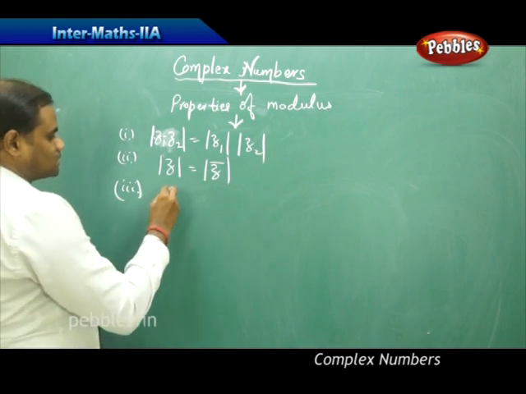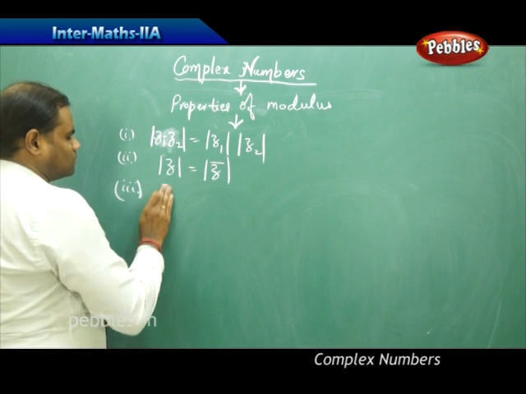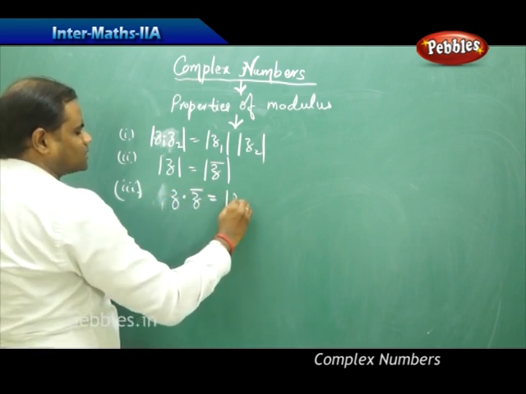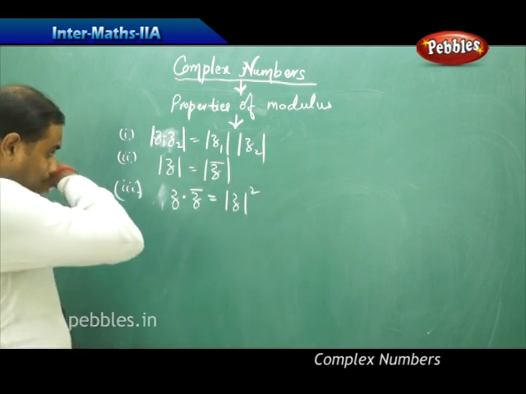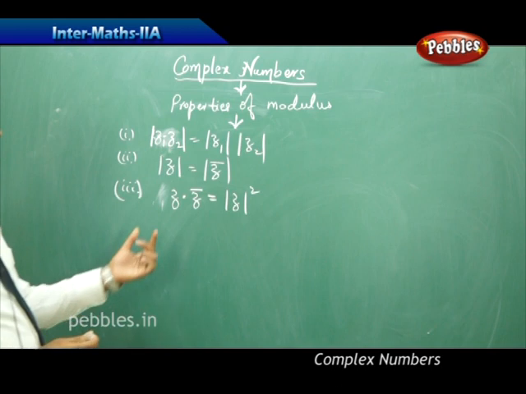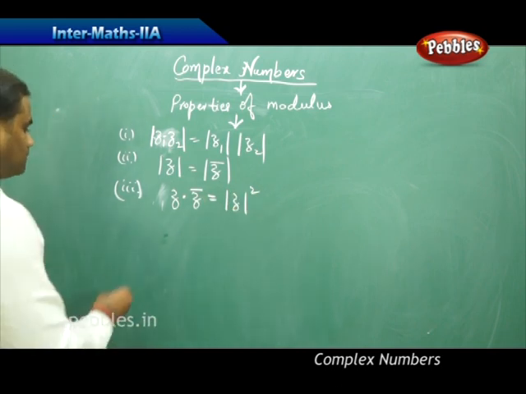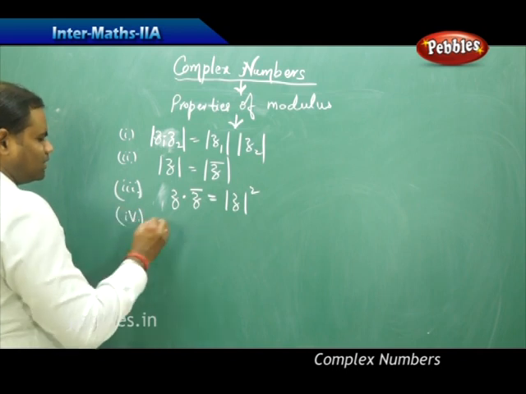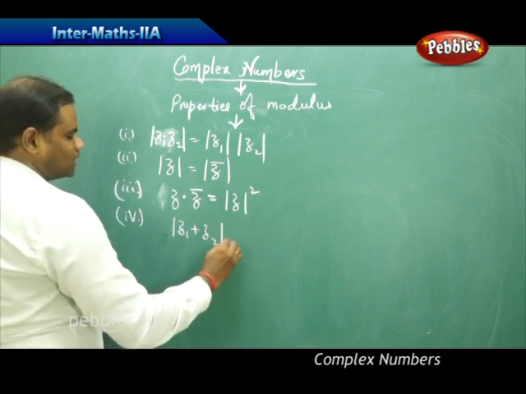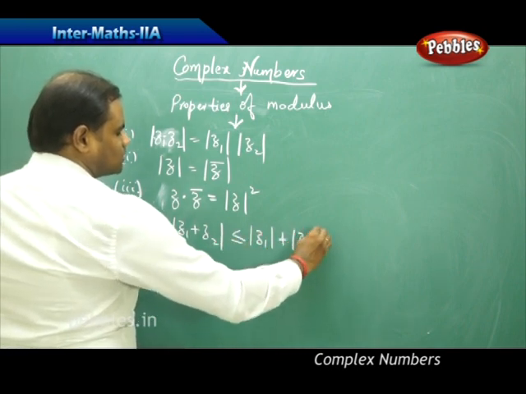The next is, if I multiply a complex number with its conjugate, I get mod z whole square, is how we understand this property. So z times z conjugate will be mod z whole square. Fourthly, I have mod z1 plus z2 is less than or equal to mod z1 plus mod z2.